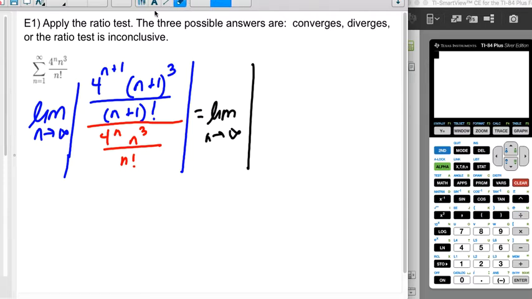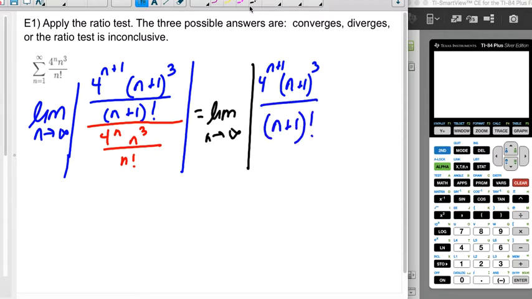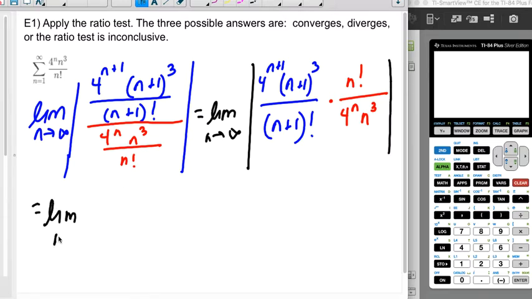I'm going to try not to take it in too many steps because I know that this is our first ratio test problem. So I have the blue fraction, and when I divide by the red fraction, it's the same as flipping and multiplying by the reciprocal. So I'm going to get an n factorial on the top, a 4 to the n on the bottom, and an n cubed. What I want you to notice is everybody has a matching buddy on the top and bottom that is basically the same function, but just with a different n value.